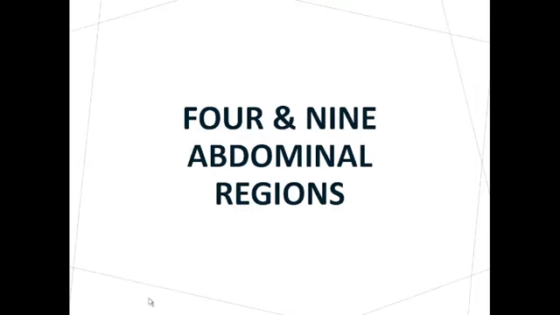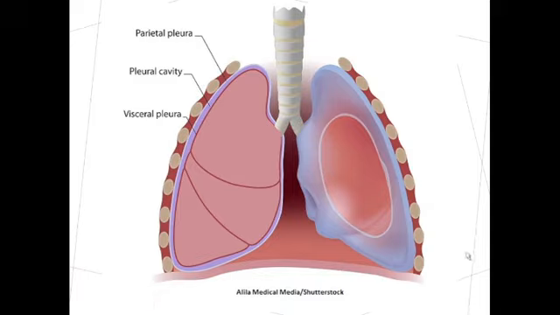So when it comes to serous membranes, anatomists use directional terms to determine the location of the membrane linings. The visceral layer of the membrane, which is here, this is the visceral pleura, means that the layer touches the organ, and the parietal layer is the layer that forms the outer shell.